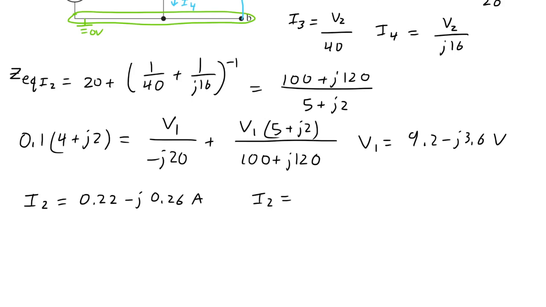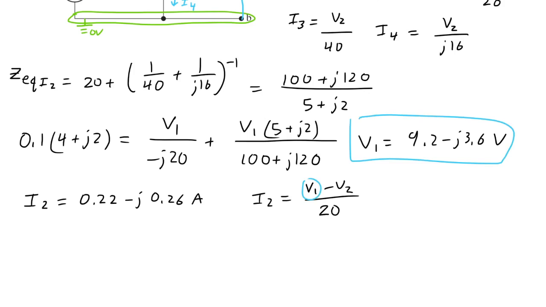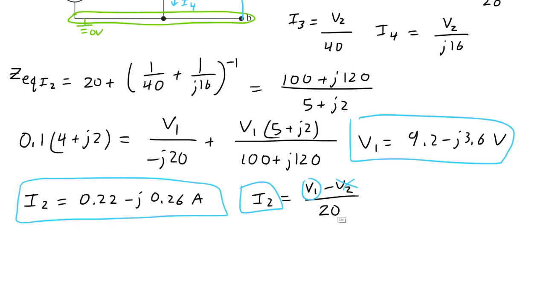So V2 is going to be, let's see, because we know V1, and there's the V2, and we know that the impedance over here is 20 ohms. So this is a known value. This is a known value. This is not a known value, but we can find it with a little bit of algebra.